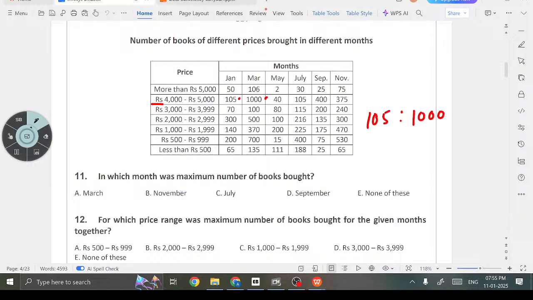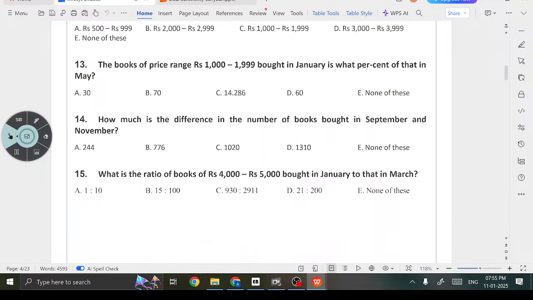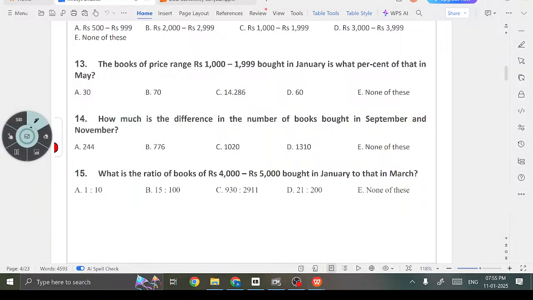Correct? Divide by 5, there will be 21 fives and 200 fives. Anything further which we can divide? We cannot divide anything more. So obviously it should be 21 is to 200. Correct? So the answer is this one.